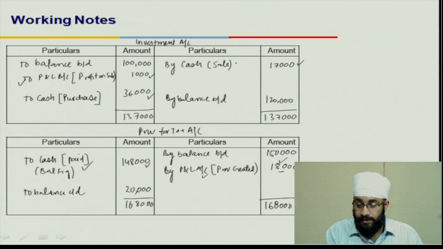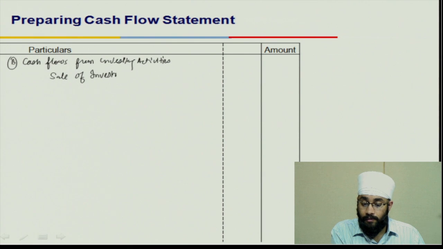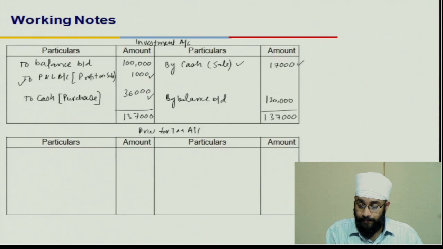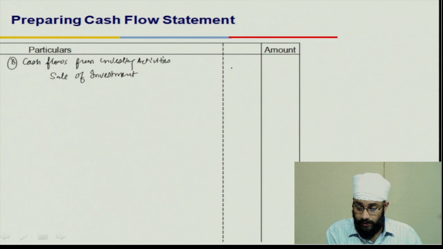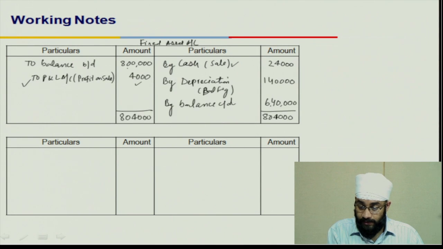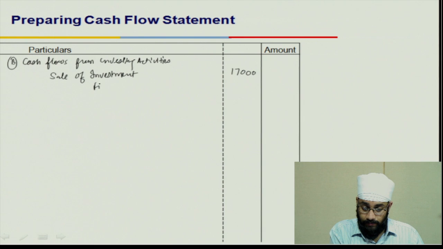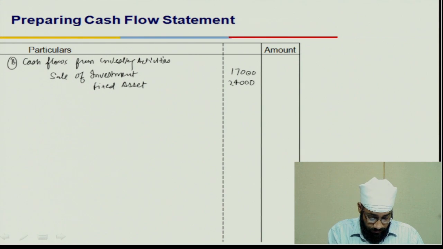We have sale of investment, which was 17,000. This is inflow. You have sale of fixed asset for 24,000. This is also an inflow.